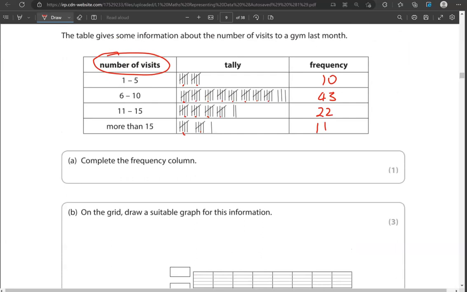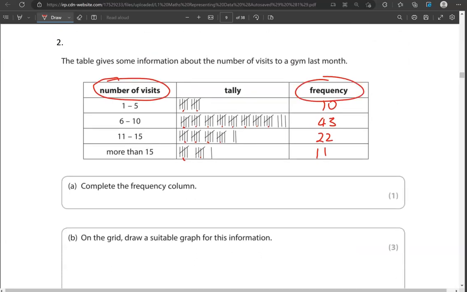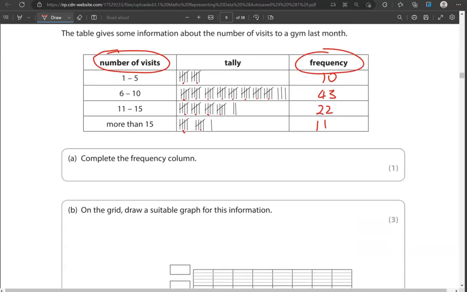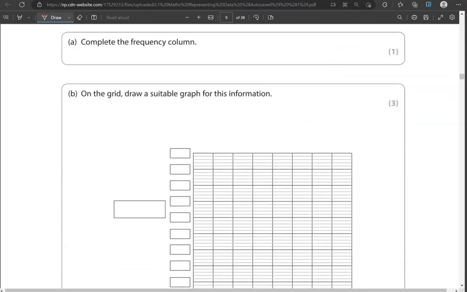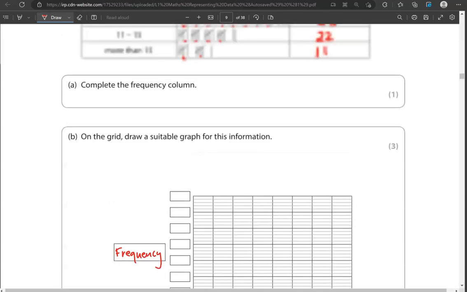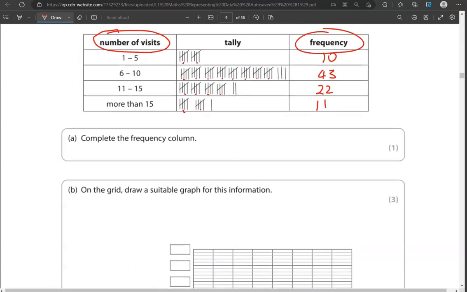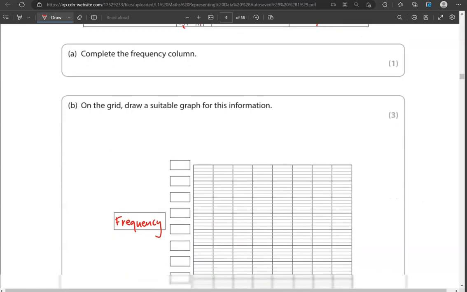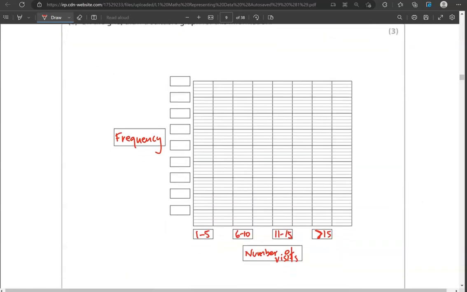And vertically, got frequency, the highest is 43, so 5, 10, 15, 20, 25, 30, 35, 40, 45 works.